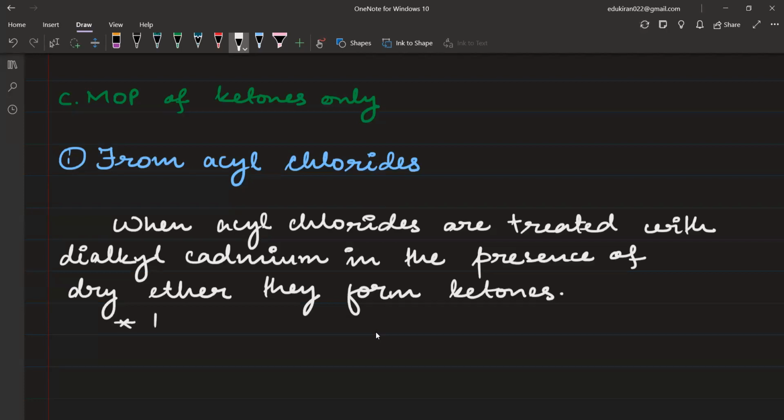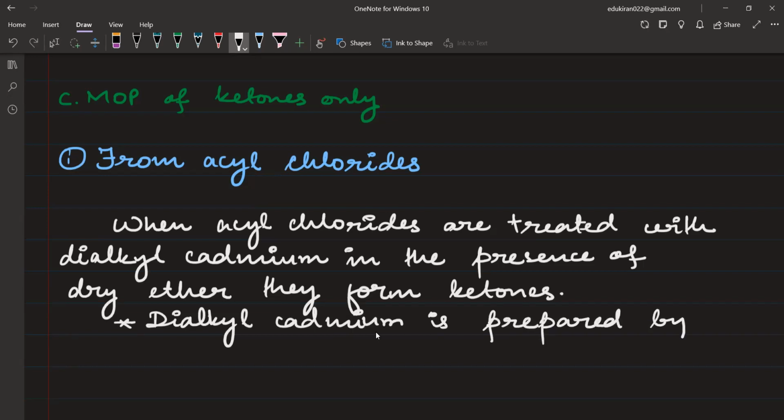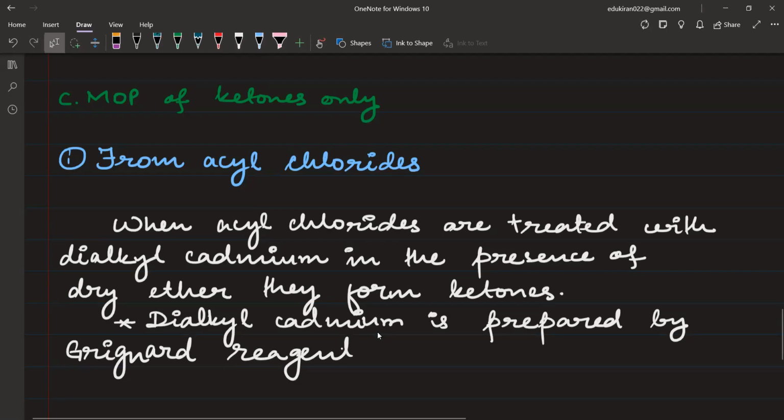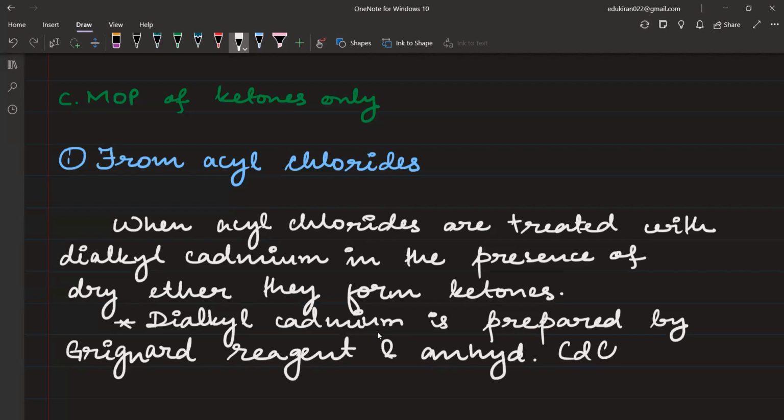Right, next. Dialkyl cadmium is prepared by Grignard reagent and anhydrous cadmium chloride, CdCl2.